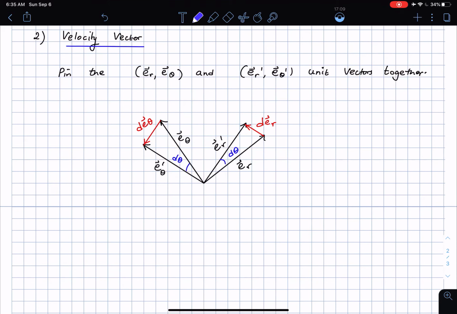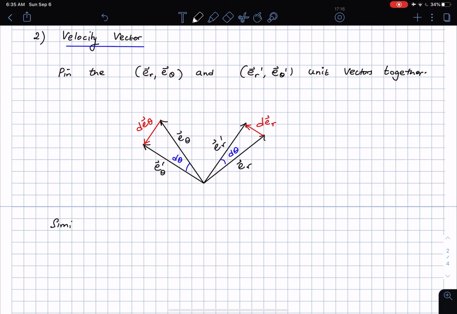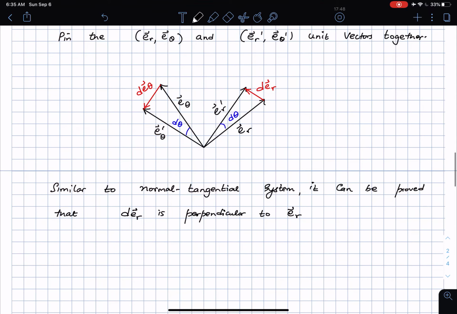So when you look at these things, it can be proved, which we have done for the normal tangential system, similar to the normal tangential system, that dER is perpendicular to ER and dE theta is perpendicular to E theta.